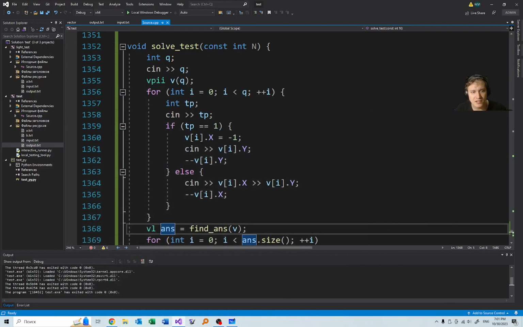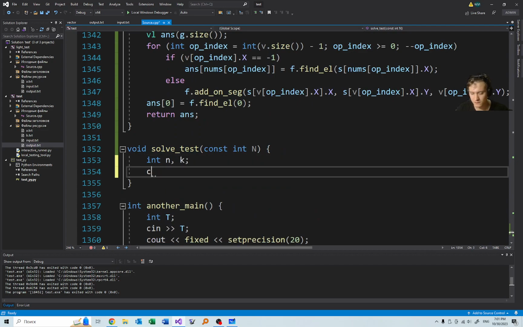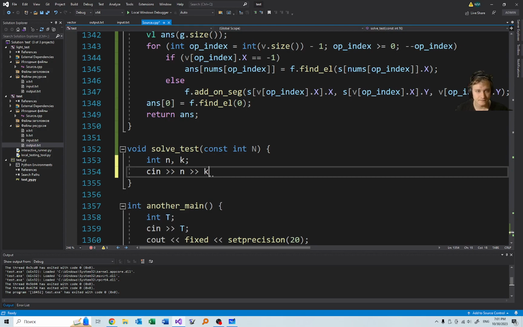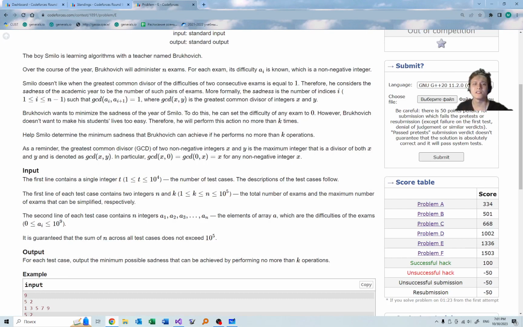So we read N and K. No more than K times. Okay, this becomes interesting.